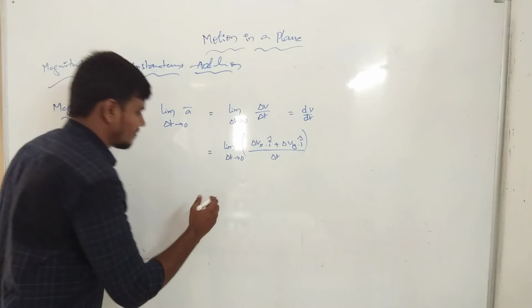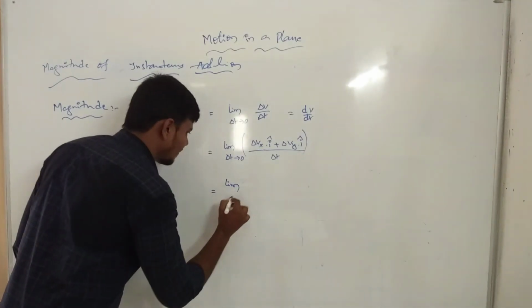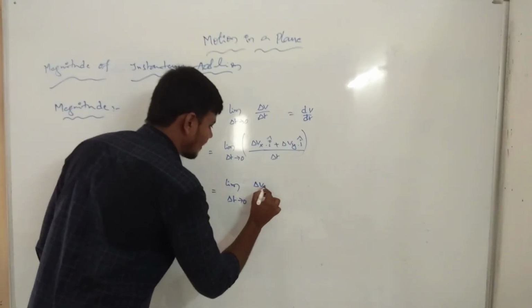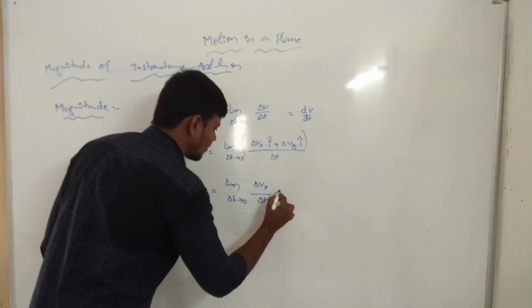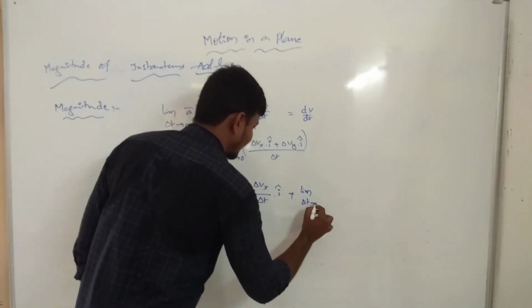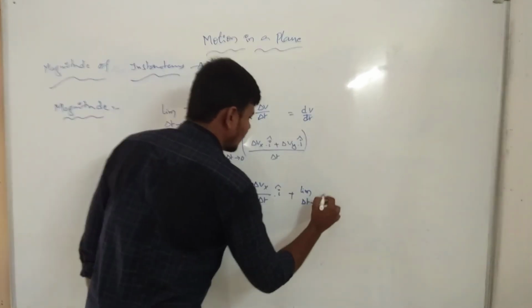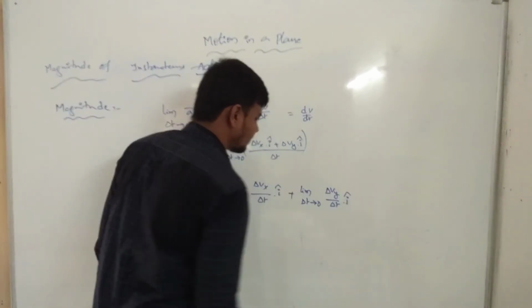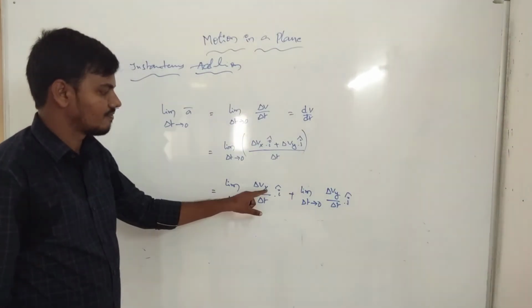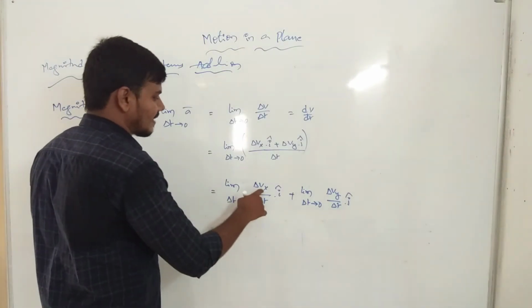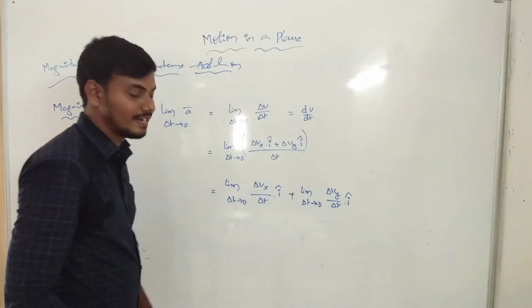Okay, in separation, limit as delta t tends to 0 of delta vx by delta t into i cap, plus limit as delta t tends to 0 of delta vy by delta t into j cap. The rate of change of velocity is known as acceleration. In this case delta v by delta t equals dv by dt.